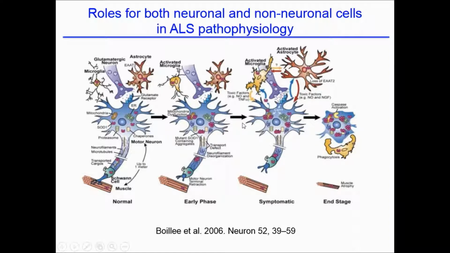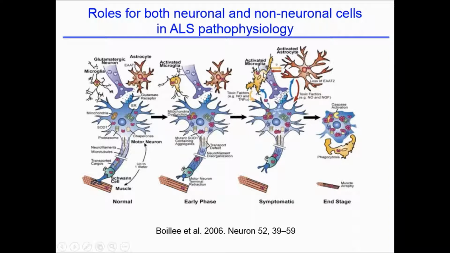Then as disease progresses and first symptoms appear, astrocytes also can become activated. Activation essentially means that they start to secrete a number of factors that can have an impact and an effect on motor neurons. As the disease progresses, motor neurons then undergo cell death, and it is believed that this is in part contributed by the communication with these non-neuronal cells, such as astrocytes and microglia.